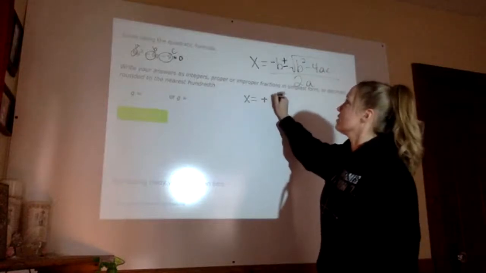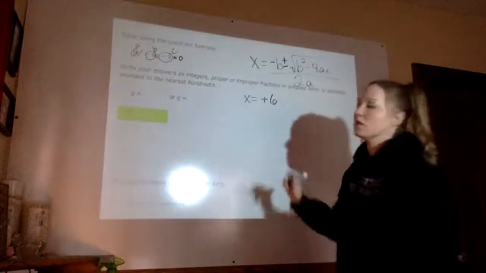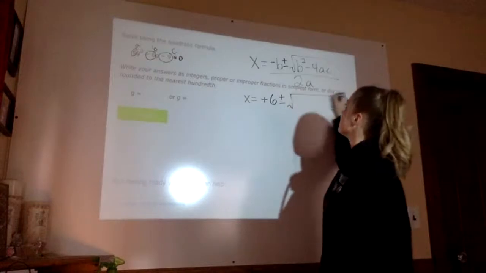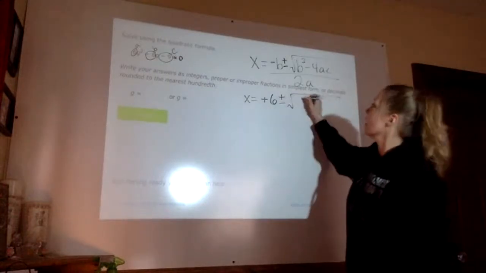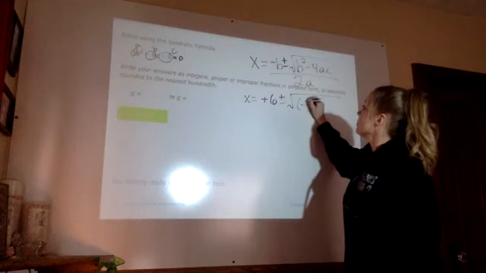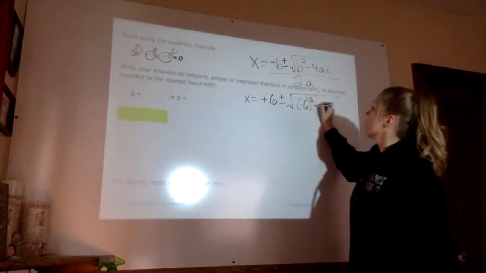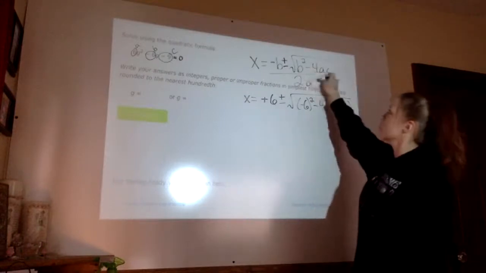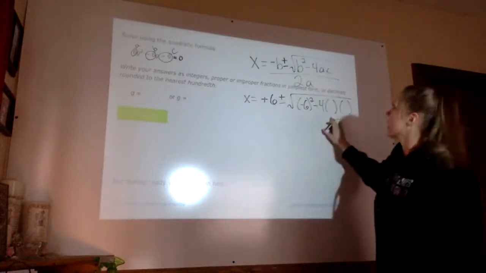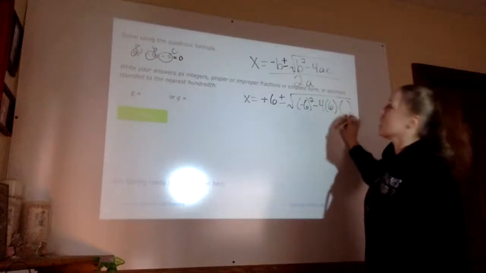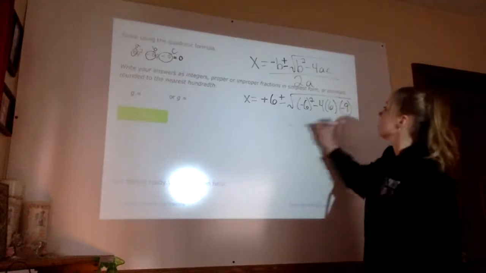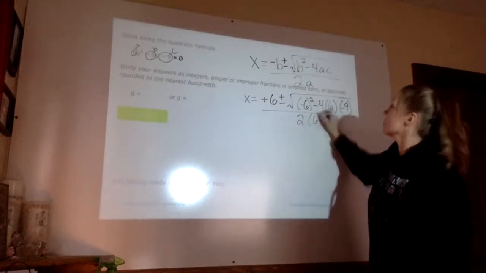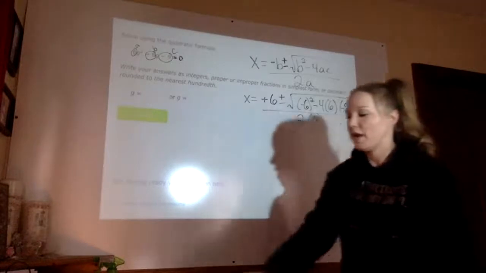So negative 6 would be a positive 6, plus or minus the square root, b squared, so b was negative 6, minus 4 times your a and your c. They're all being multiplied together. So my a was 6 and my c was negative 9, all over 2 times my a, and my a is 6.